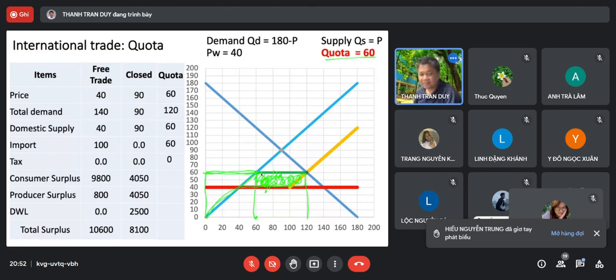They do not have to produce, right? They just pay the world price, and they sell at the market price, right? So those import firms, the firms that are allowed to import, will earn a lot of money.